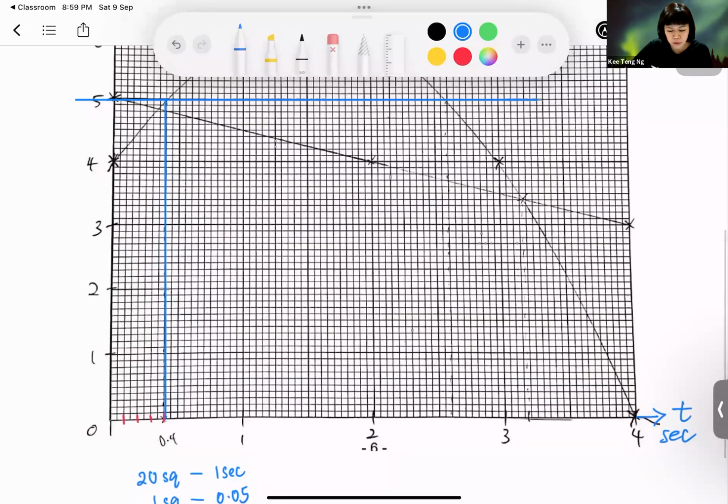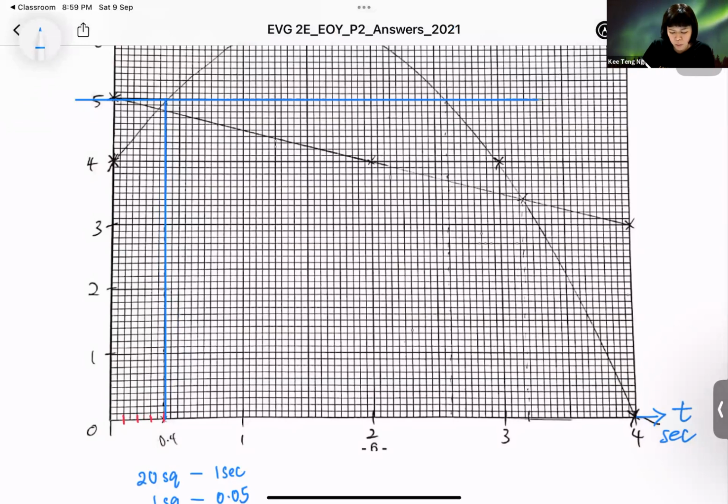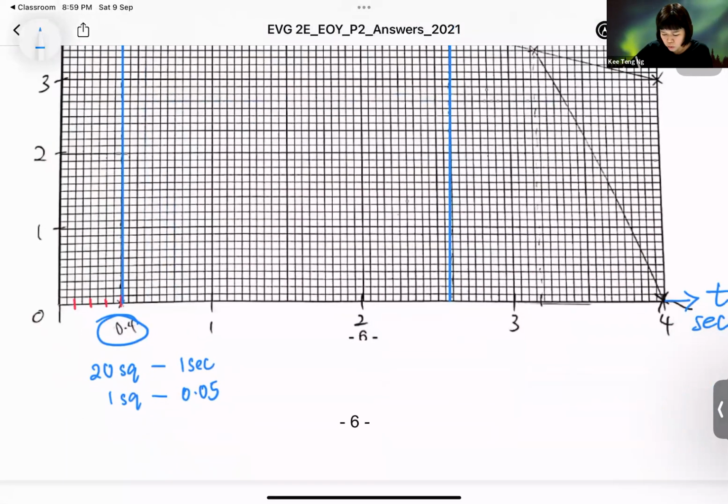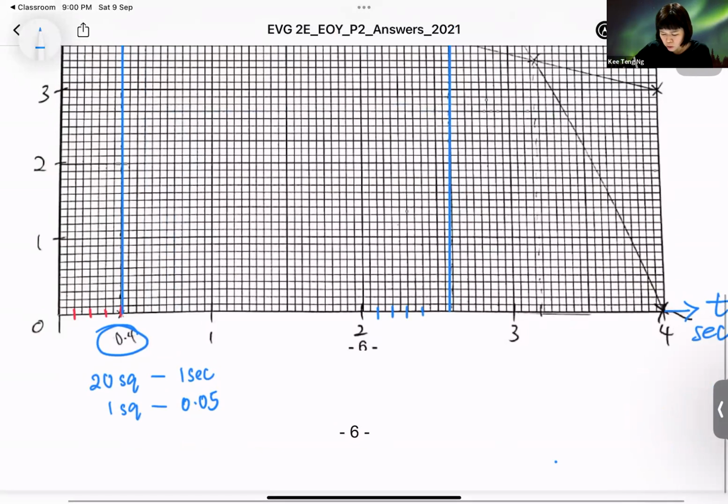The length of time is the difference between the times when it was at height 5 meters. So from here all the way to the other end, this one over here, this will be 2.1, 2.2, 2.3, 2.4, 2.5, 2.6, about 2.6, okay?